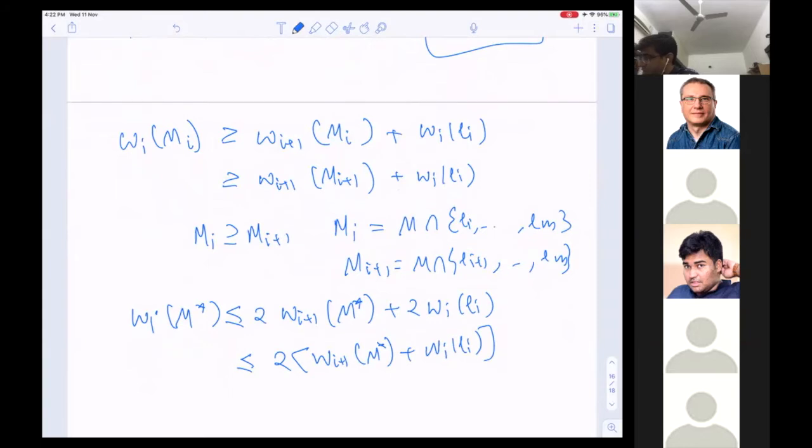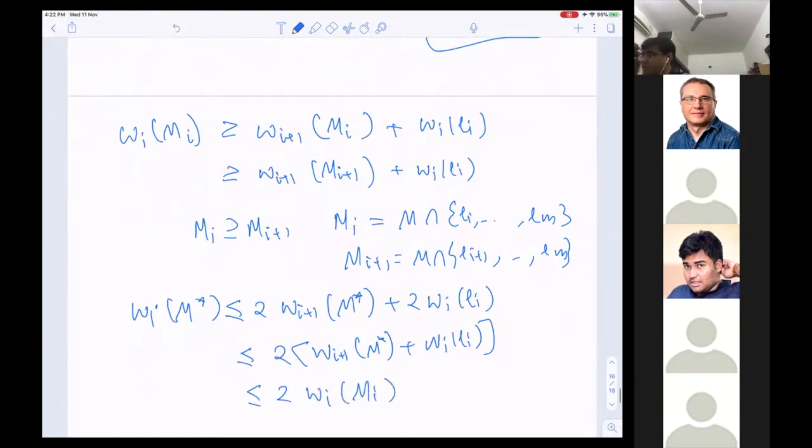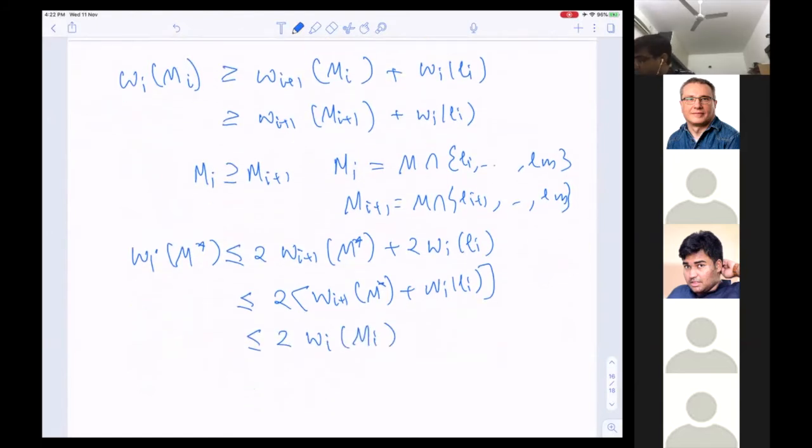Now, this quantity is less than Wi Mi. So this is less than equal to 2 times Wi Mi. And this is exactly what we wanted to show. Okay, as required. So even using induction, we can prove these things.